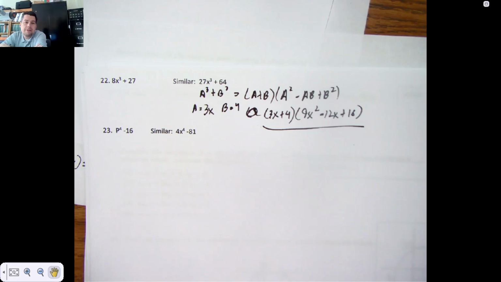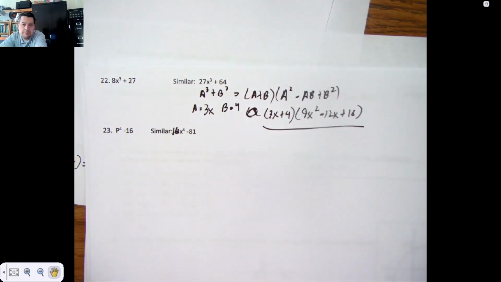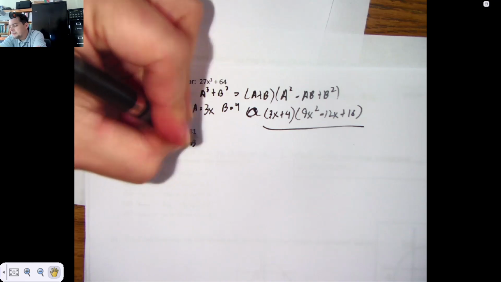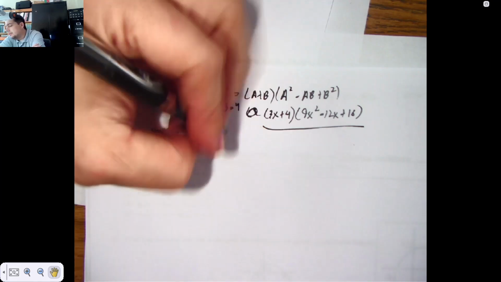Your similar one here is 4x to the 4th minus 81. Needs to be changed. 16x to the 4th minus 81. This is the difference of two squares pattern. That's what this one is about, repeated use of the difference of two squares.